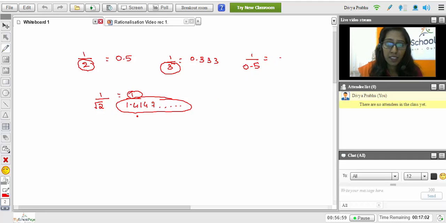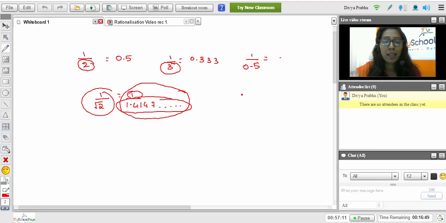But here it is not stopping. Obviously, when we divide any number by an irrational number, we get another irrational number, but we want a perfect answer. So we use the method of rationalization.